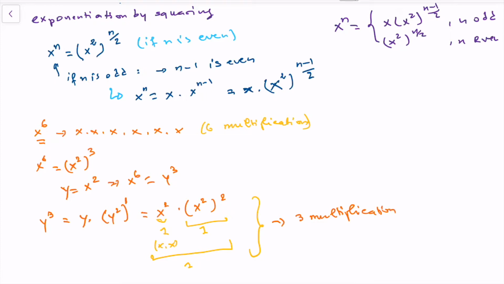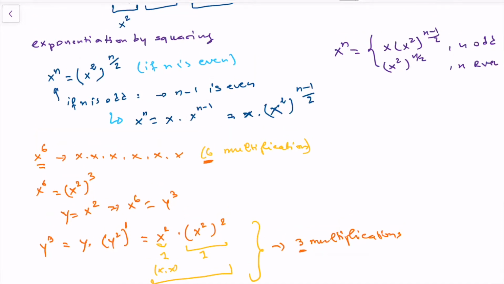And so for just a number as small as 6, we go from 6 to 3 multiplications. And if the number is really big, it becomes bigger. But essentially you could see that since every time we are halving, almost, for the even case we do x multiplied by that, but pretty much, if we round a little bit, every time we are dividing by 2.